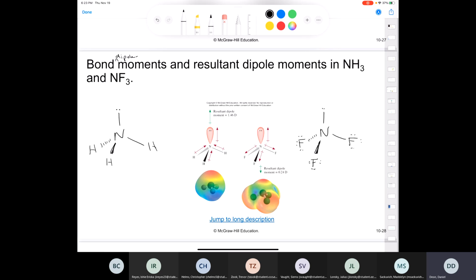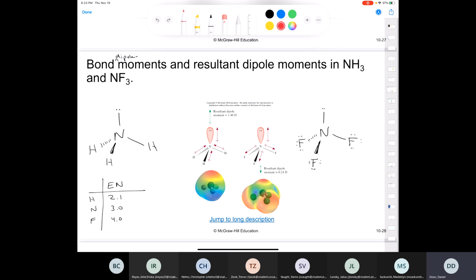What if we look at the electronegativities of nitrogen, hydrogen, and fluorine? Well, hydrogen is around 2.1, nitrogen is around 3, and fluorine is around 4.0. So if I look at the types of bonds in ammonia, they're nitrogen-hydrogen bonds.